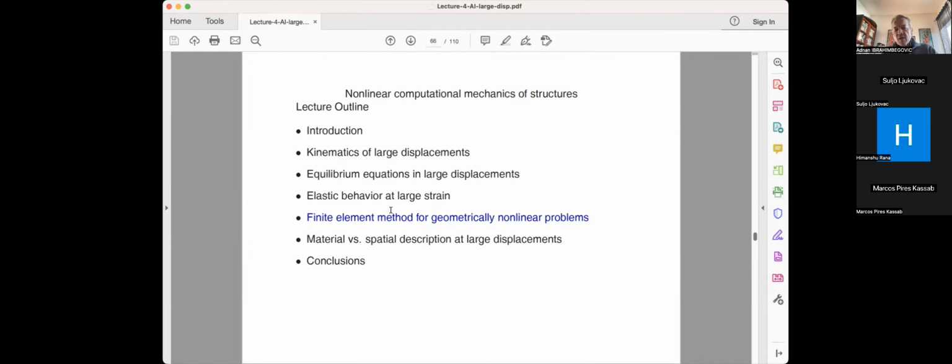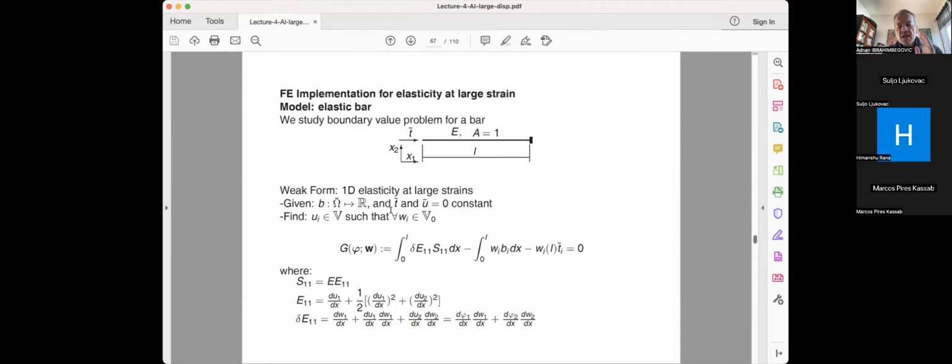So, okay, once I have obtained the kinematics, equilibrium, and constitutive equation, I want to go and see how I solve the problem by using the finite element setting. So to start with, I'll take the simplest possible case, again, 1D bar. But contrary to small deformation setting, I cannot be happy just following the displacement in the x direction because the large displacement is strictly characterized by the large rotation.